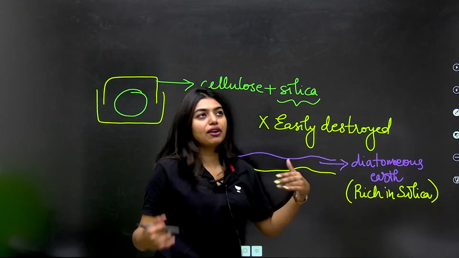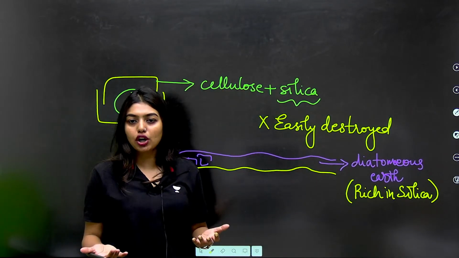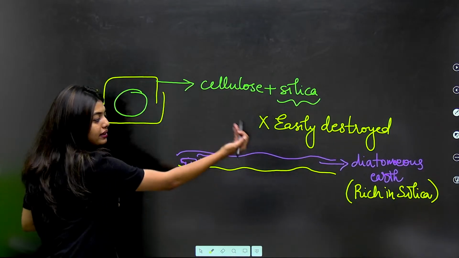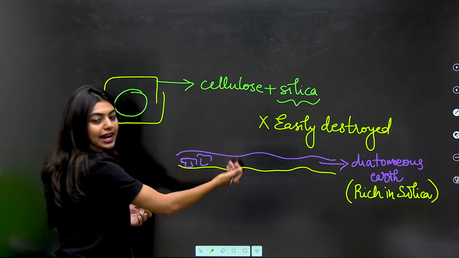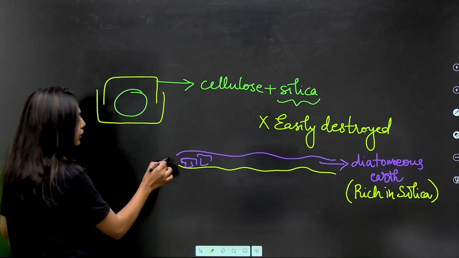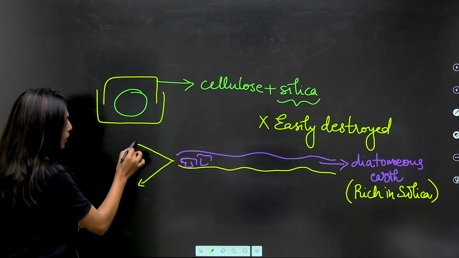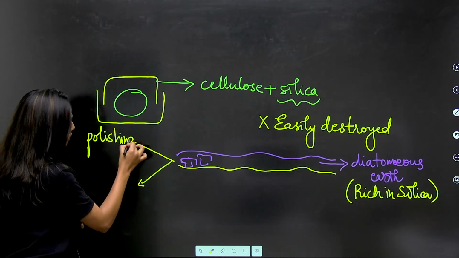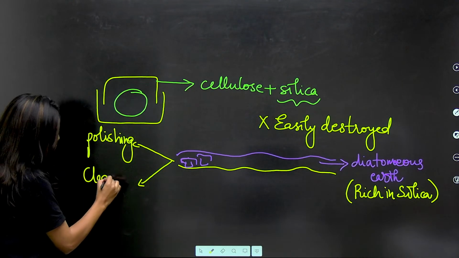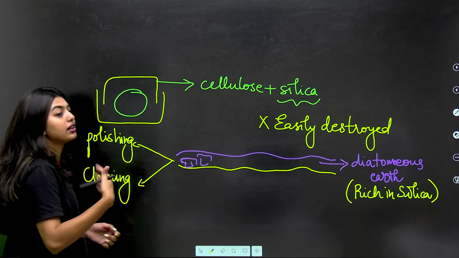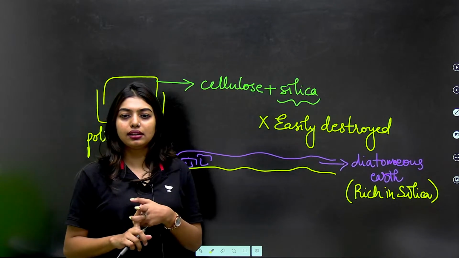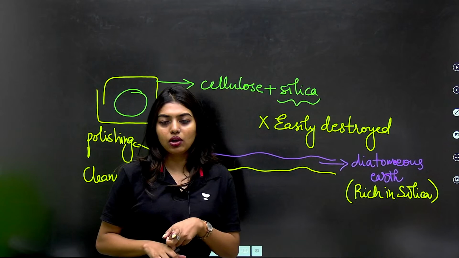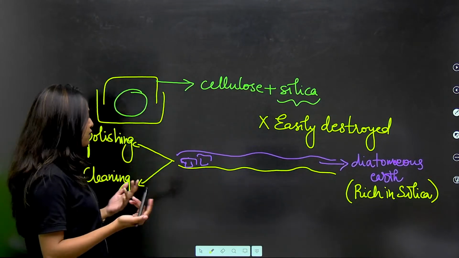Now what is going to happen? First the purpose was not known. Later, humans started scraping this out. They started removing this diatomaceous earth and using it for other purposes like polishing, cleaning, and even filtration.